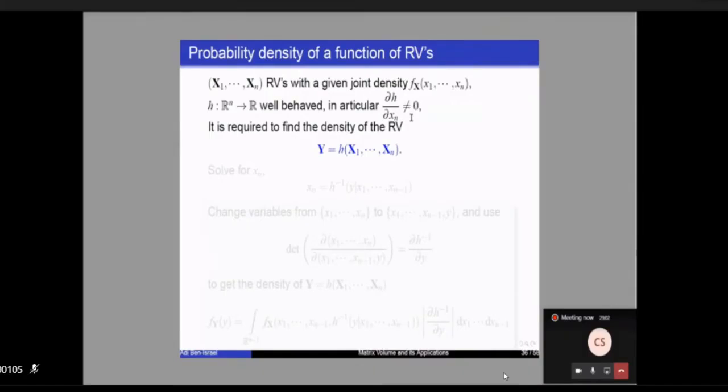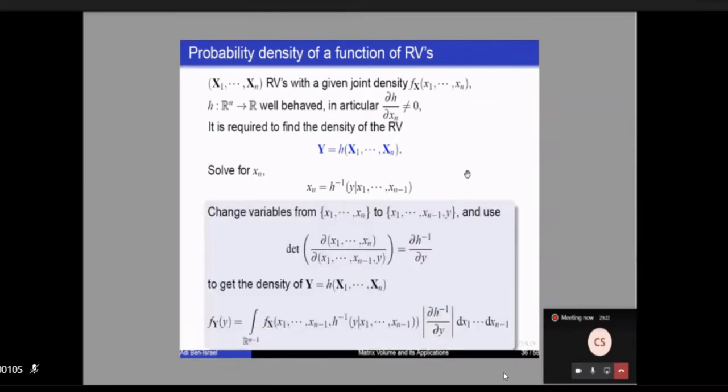It is required to find the density of the random variable y, which is h of x1 to xn. So we solve for the variable xn in terms of y, and we call this h inverse. So xn is h inverse of y given all the other x's.